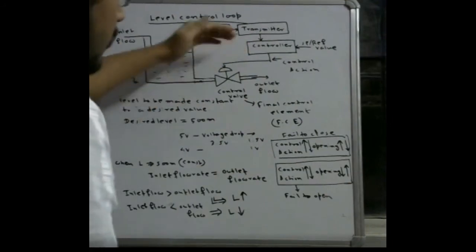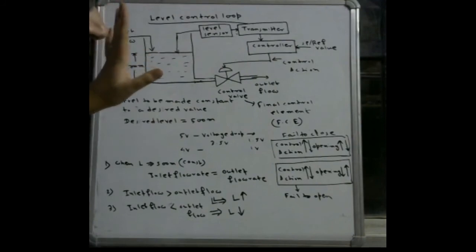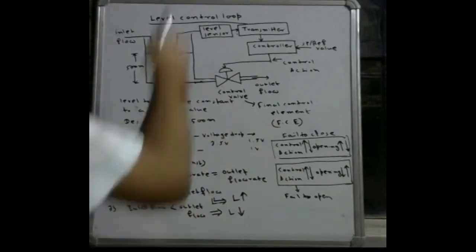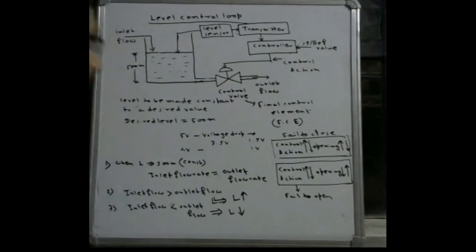Then the controller will keep the opening constant, and once again the inlet flow rate and outlet flow rate become the same. So in this way the control action takes place. This one is a process plant example.